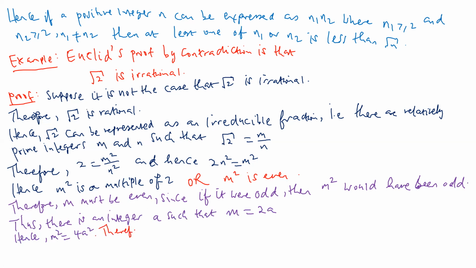Therefore, we remember that 2n squared is equal to m squared, and m squared is 4a squared.